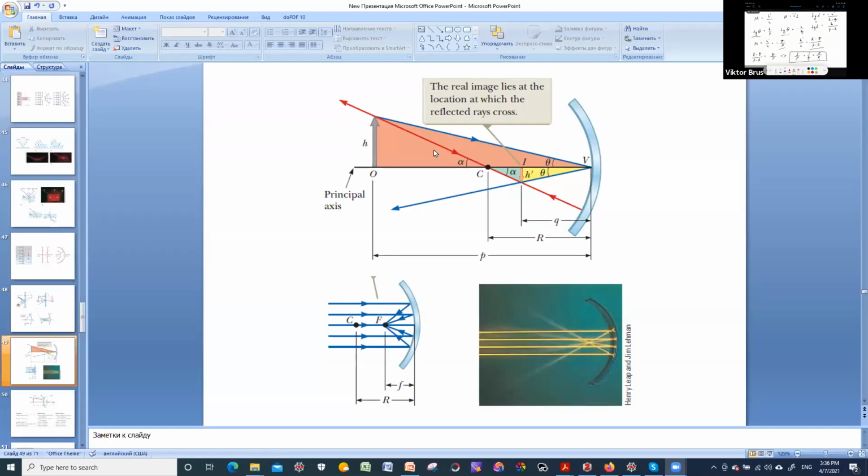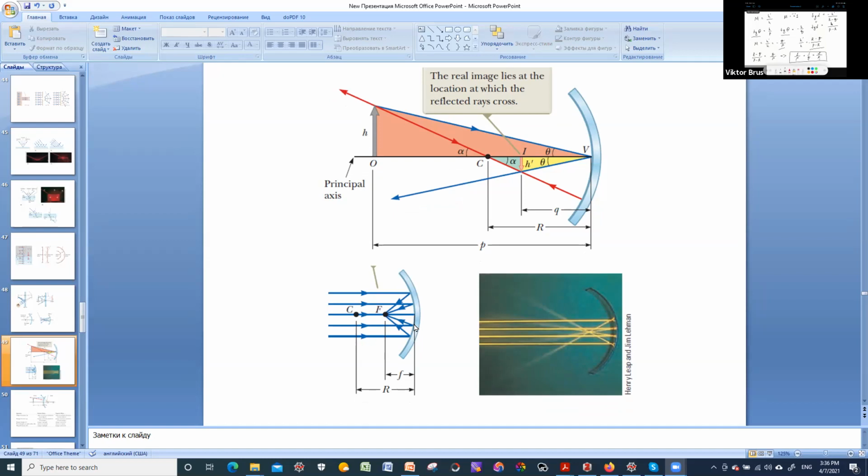And what do we have here? In the bottom part of this slide, if our object is located very far from the mirror and P is much larger than R, then rays approaching the mirror from the object are close to parallel to each other.